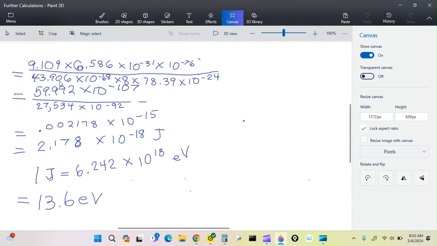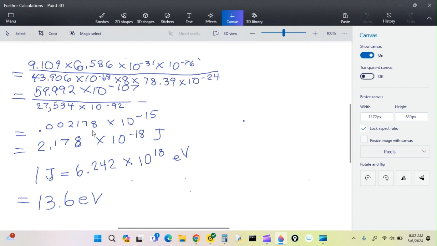The 43.906 times 78.39 gave us 27,534 times 10 to the, and then these two are added together, 10 to the minus 92.